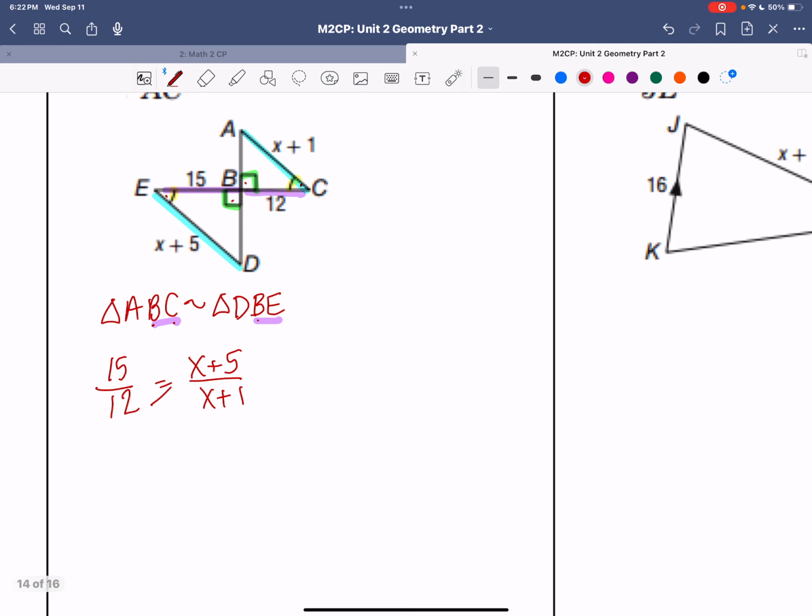Remember, whenever you're multiplying, don't forget to put everything in parentheses. Now let's solve for x.